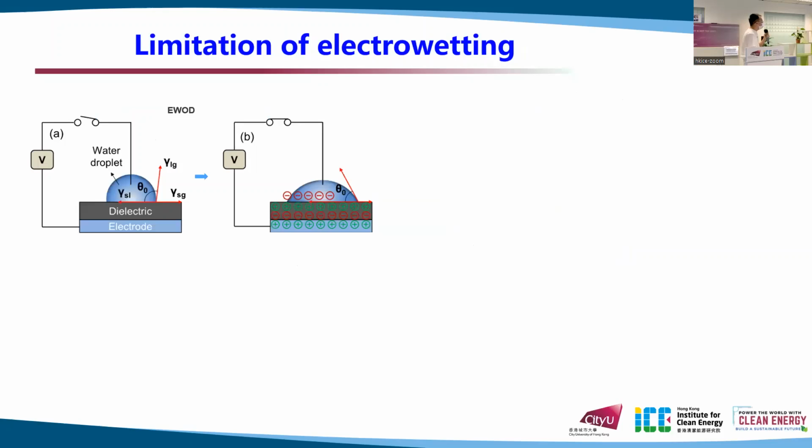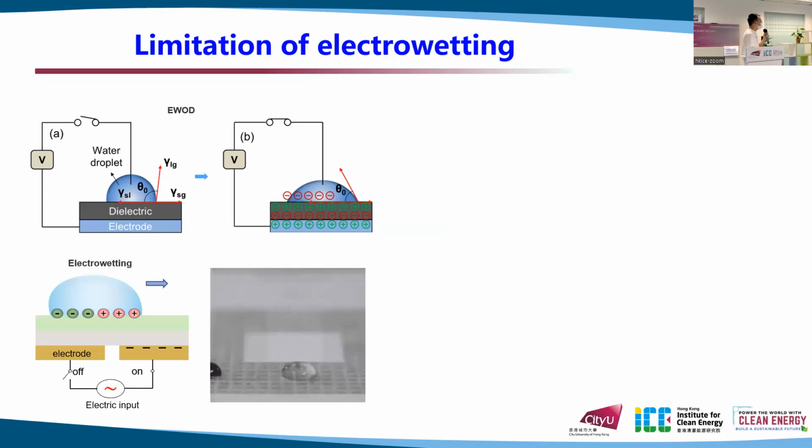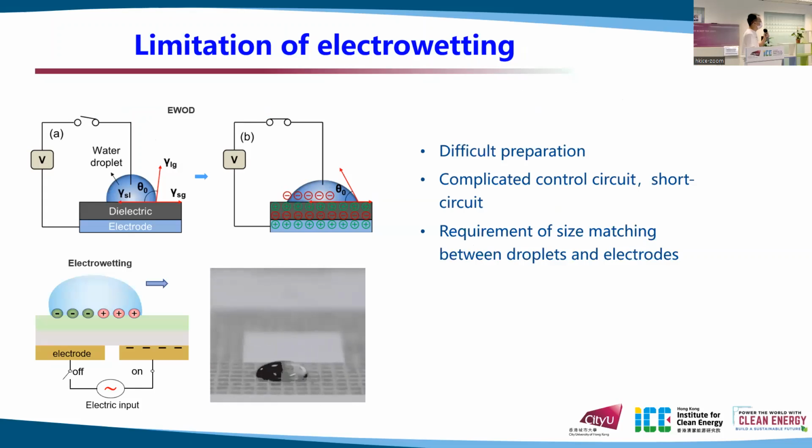The electrowetting-based method has received great success, but it also has many problems, such as difficult preparation, complicated control circuits, and the requirement of size matching between the droplet and the electrodes.